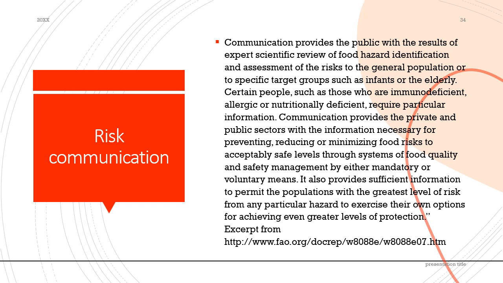It also provides sufficient information to permit the population with the greatest level of risk, and any particular groups, to assert their own options for achieving even greater levels of protection.